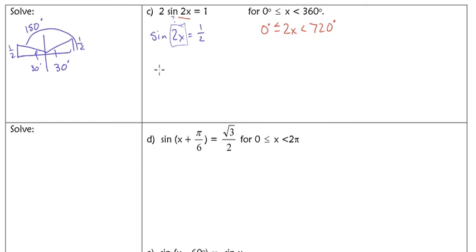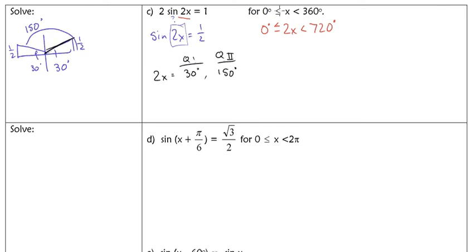So in quadrant 1, we'll have 2x is equal to 30 degrees. In quadrant 2, it's going to be 150 degrees. Now think of this first angle.